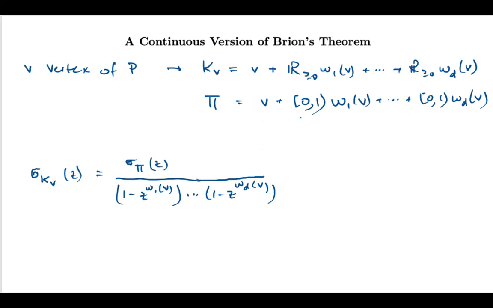Now I'm going to take this apart a little bit and give this parallelepiped just spanned by the generators a name. Let's call this pi sub v.